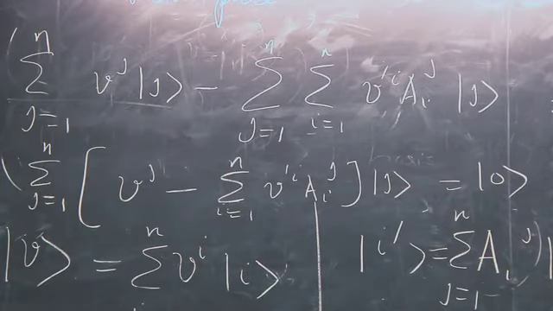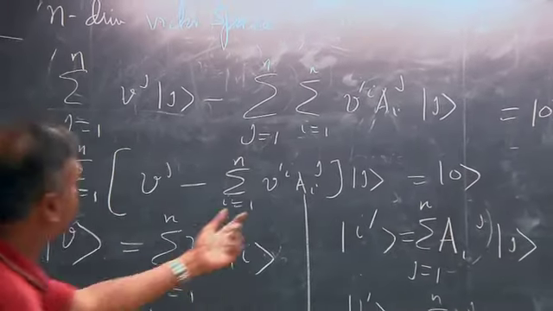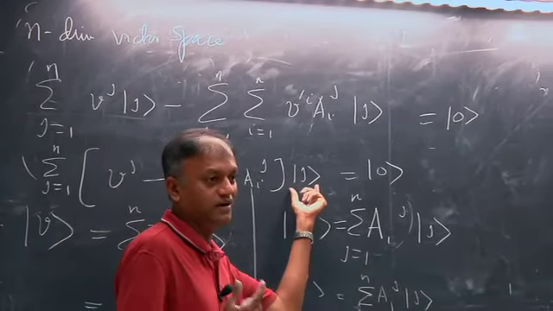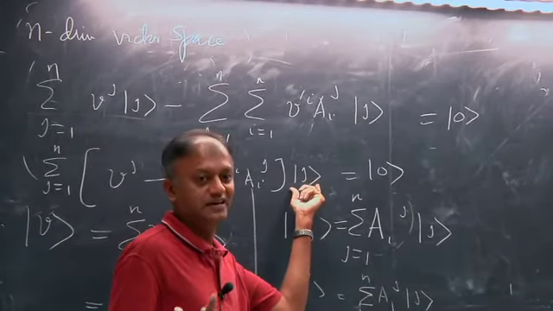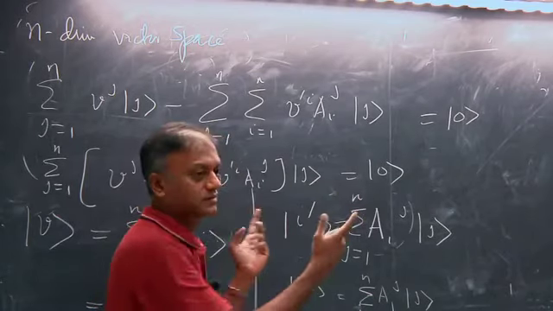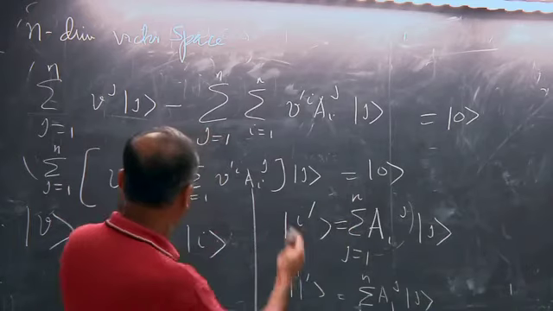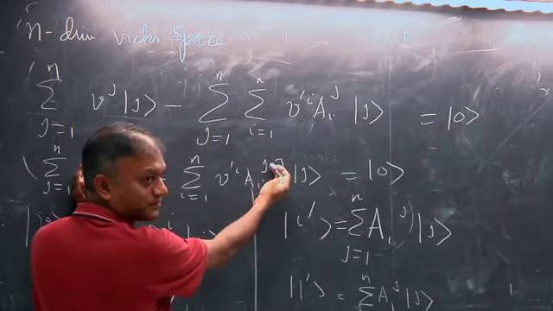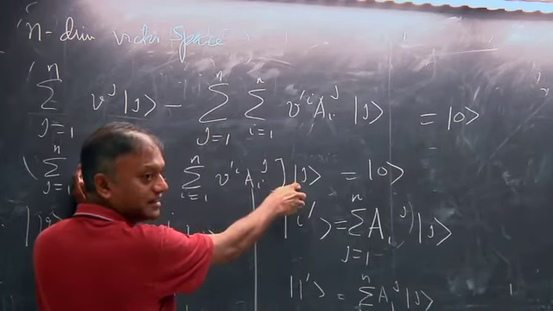Now, what does that equation imply? You see, the set of vectors j were a basis. They were linearly independent. So such an equation will have only trivial solutions. These coefficients must all be 0, right? Because j are linearly independent.